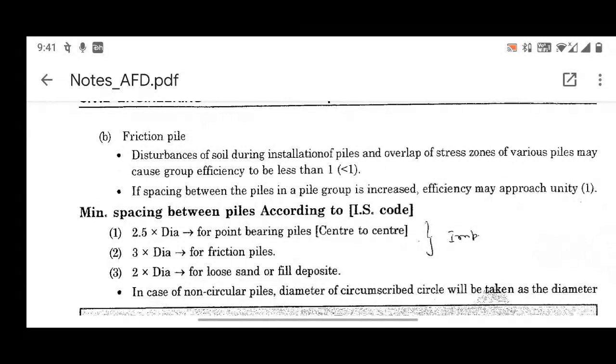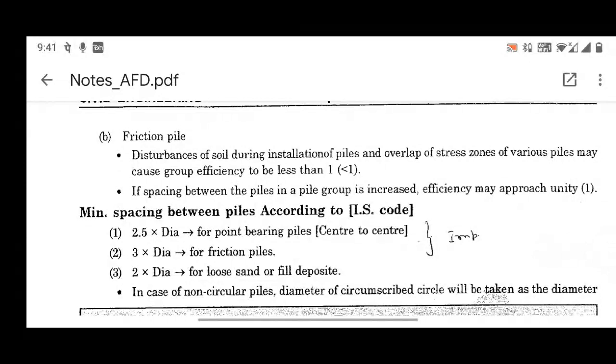That is what I told you that day also, that we have group efficiency. Whenever we install piles too close to each other, we will have a lesser group efficiency. So do note all these points: we have to install the piles in a group at a certain minimum spacing so that they do not overlap and we get the maximum efficiency from the group.